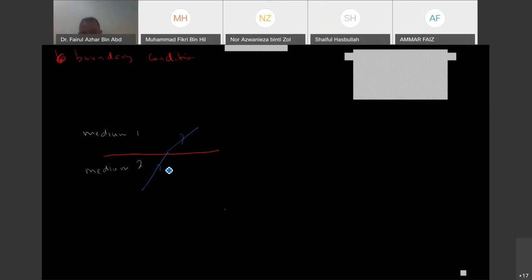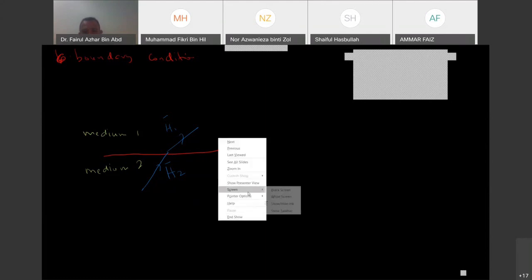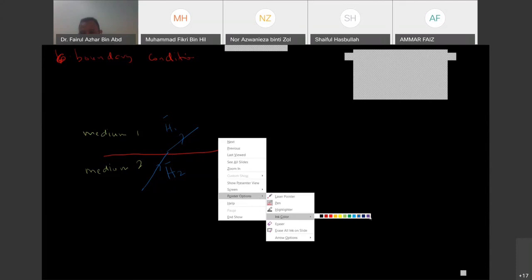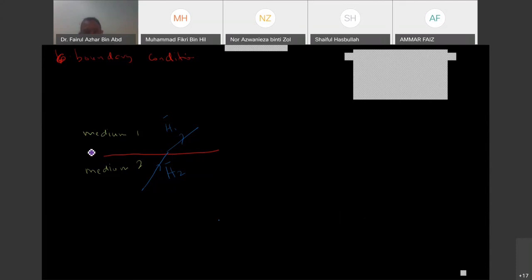So this one we will have the vector of H2 and this one will be the vector of H1. And because we have two different mediums, definitely we will have a different value of mu.